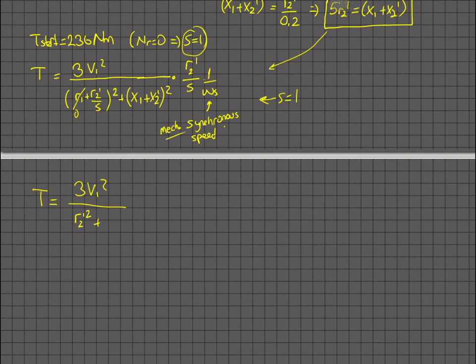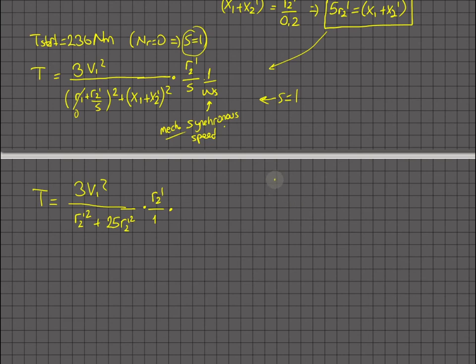X1 plus X2 prime is equal to 5 R2 prime, so this becomes 25 R2 prime squared, okay, times R2 prime over s is equal to 1, times 1 over omega s.